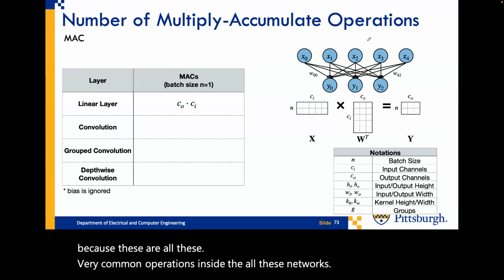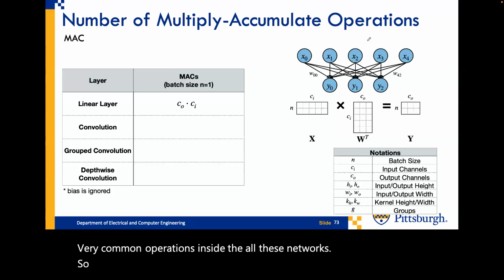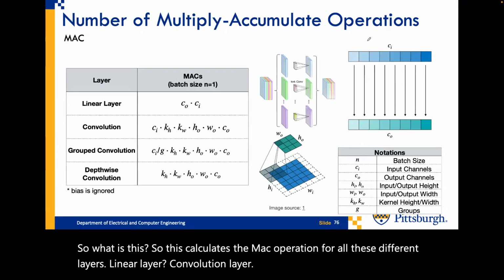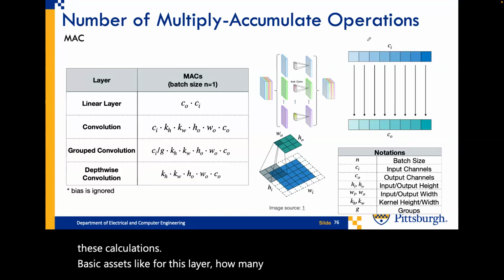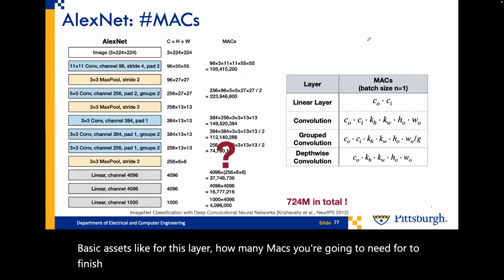So this calculates the MAC operations for all these different layers: linear layer, convolution layer. You can go verify all these calculations. It basically says, for this layer, how many MACs you need to finish the whole calculation.